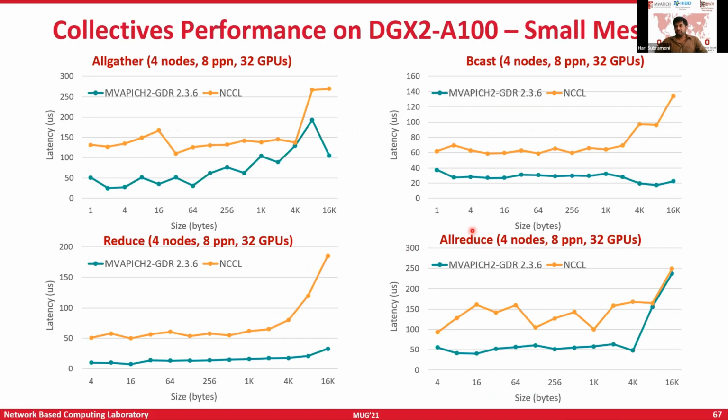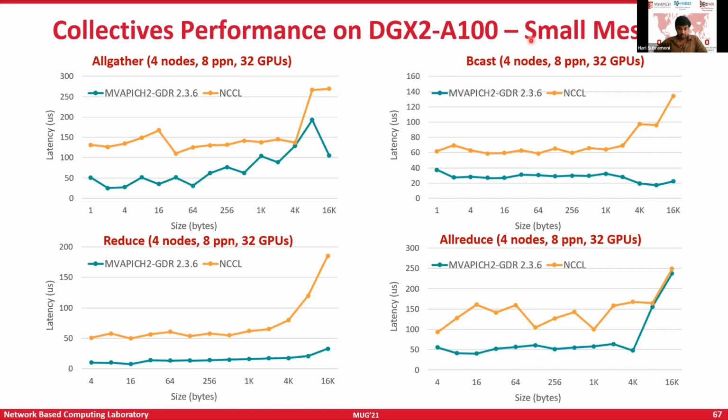As I mentioned, we only recently got access to the DGX-2 system, and we were able to do a lot of work there and significantly improve the performance of our collective solutions compared to NCCL on those platforms. Here I'm showing some sample performance numbers for collective operations on the DGX-2 A100 system.